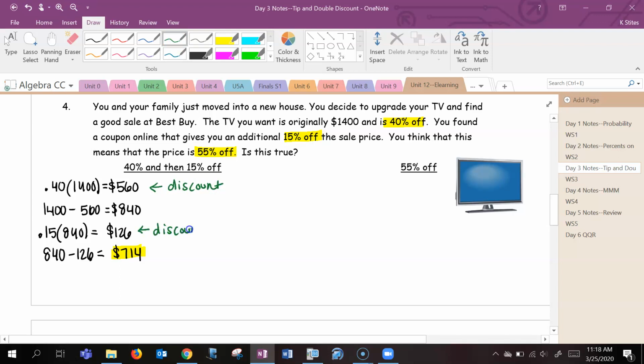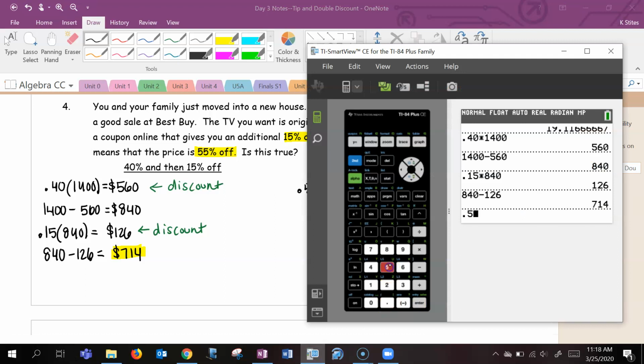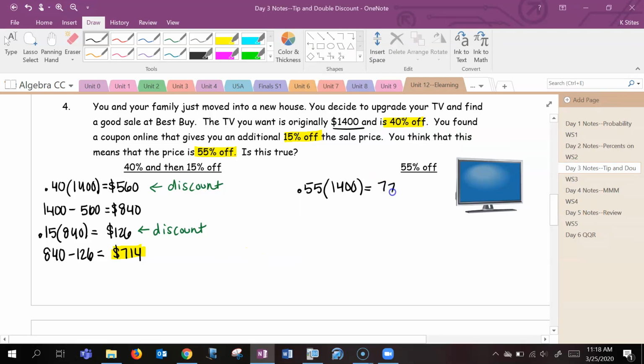All right, so let's see what happens when we just do this all at once, and we take 55% off all at once instead of 40% and then 15%. So if I want to take 55% off, that's 0.55 multiplied by, my price was how much for the TV? $1,400. Okay, 0.55 times 1,400. And that is 770.